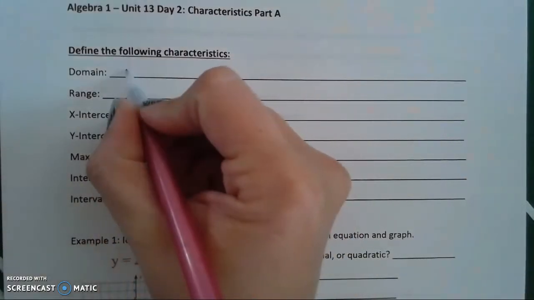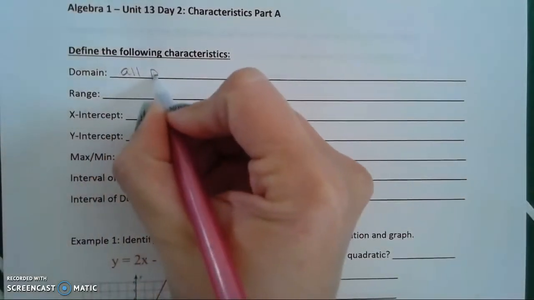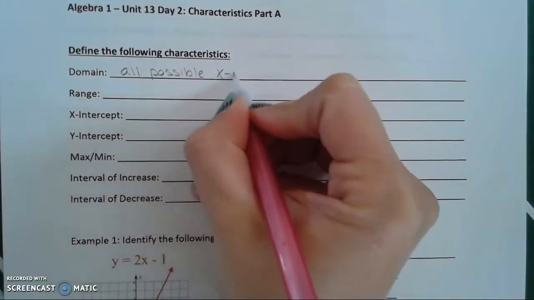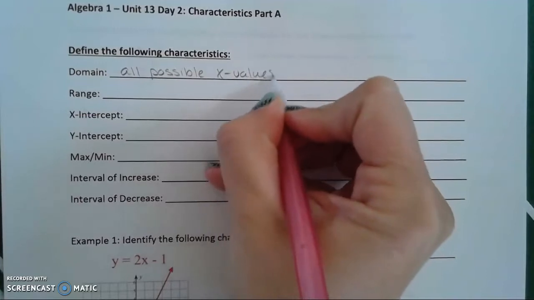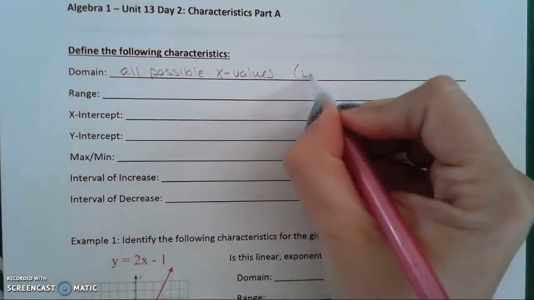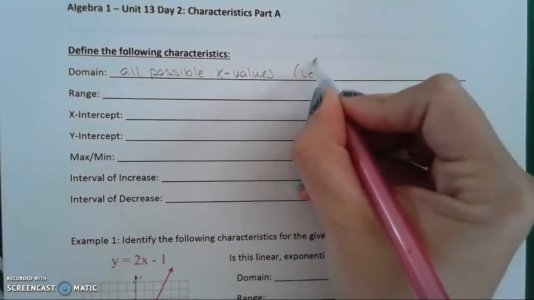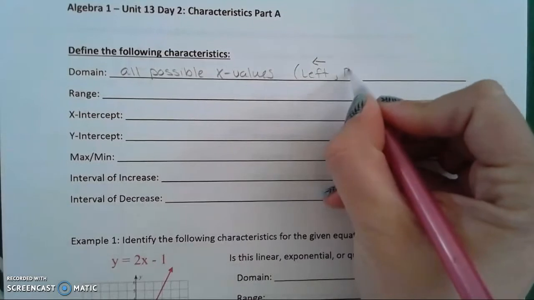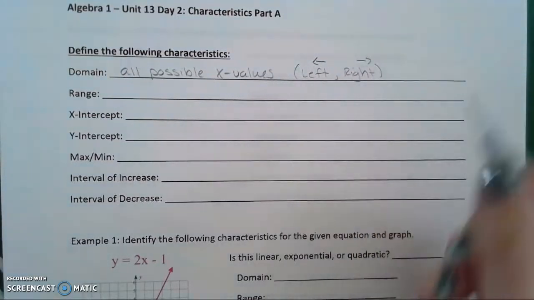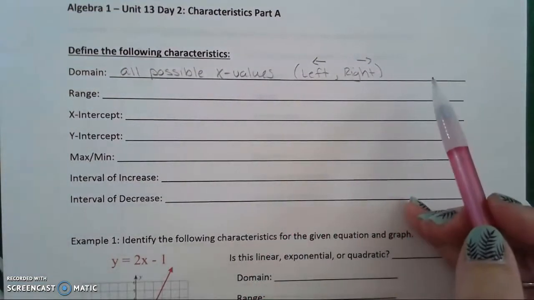Remember, domain is all possible x values. All possible x values. Remember, domain always is left: look to the left, and then look to the right. Either it's going to be in parentheses or it's going to be in a bracket.